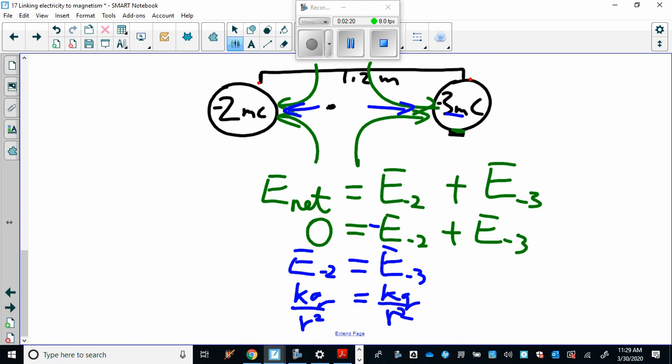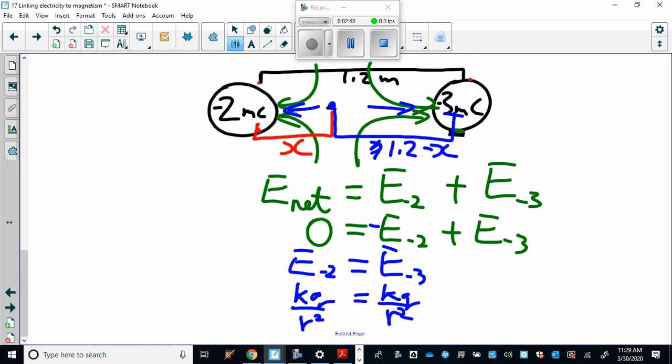If I say that this distance from here to here is x, then this distance from here to here is going to be 1.2 minus x. That makes sense. The distance between both of them is 1.2. If this distance to the 0 is x, then this must be 1.2 minus x.